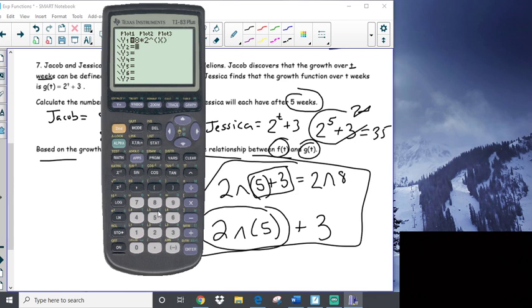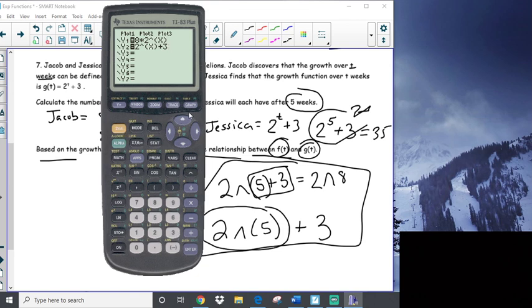The other one said 2 to the x plus 3. Okay, so that's the 2.